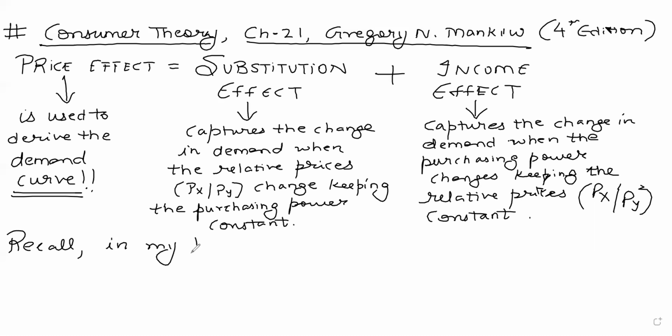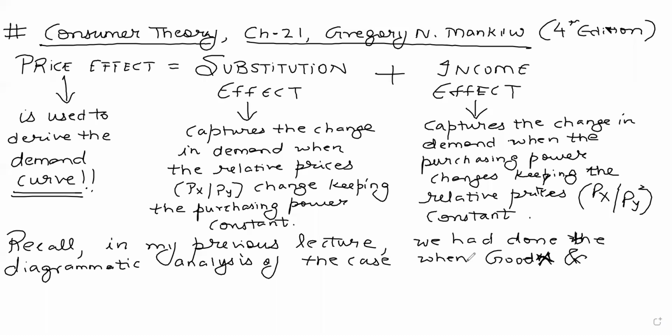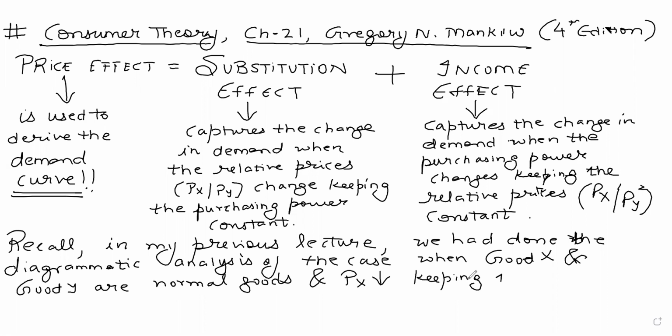So all students can recall, in my previous lecture, we had done the diagrammatic analysis of the case when both good X and good Y are normal goods and price of good X falls, keeping price of good Y and income M of the consumer constant.